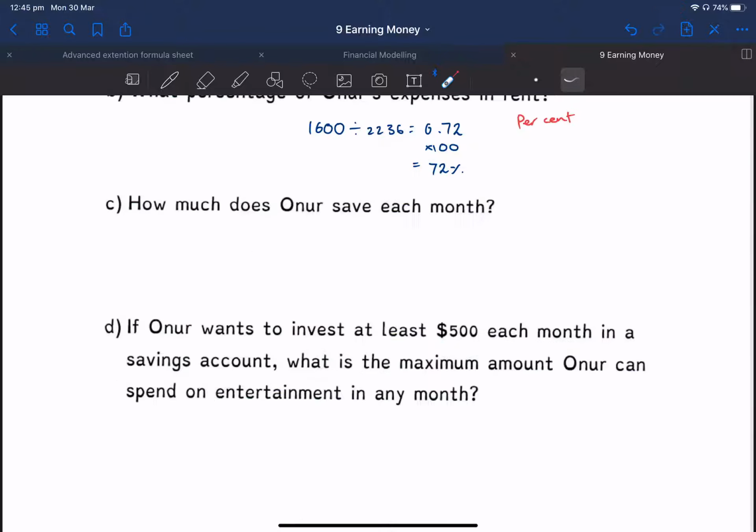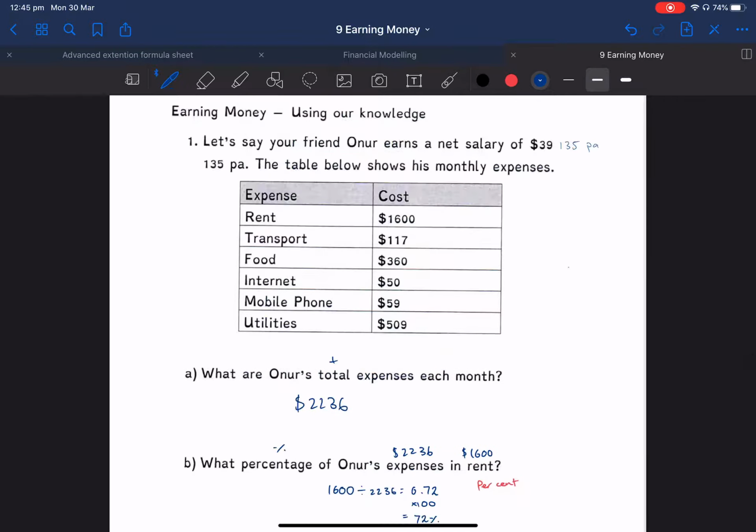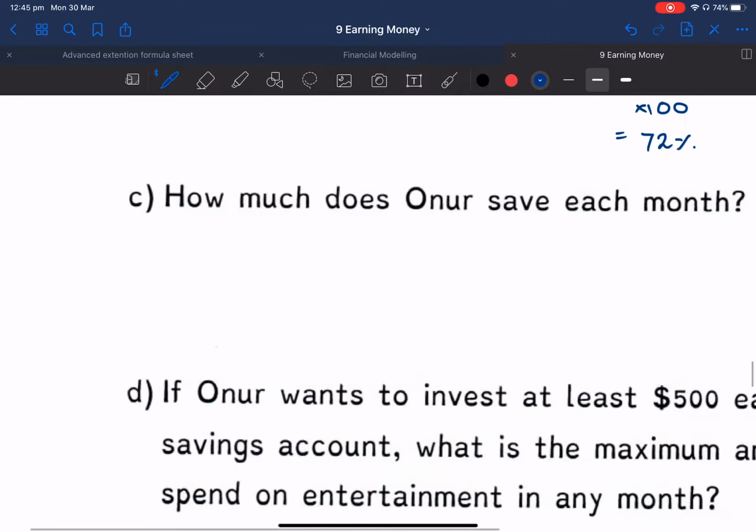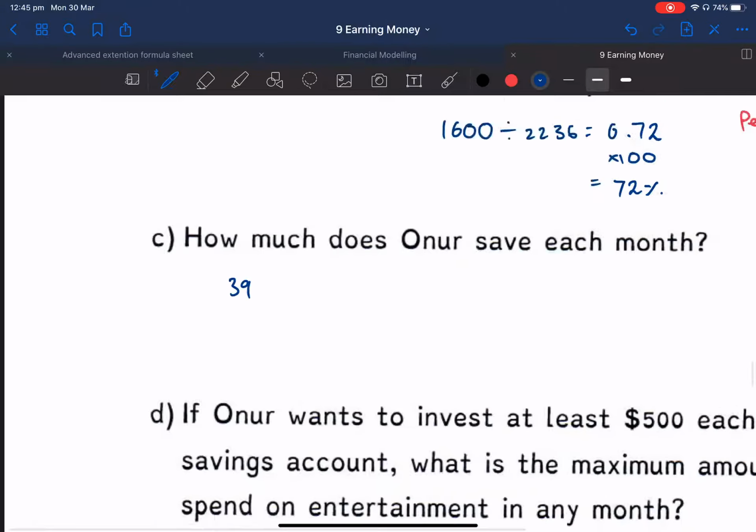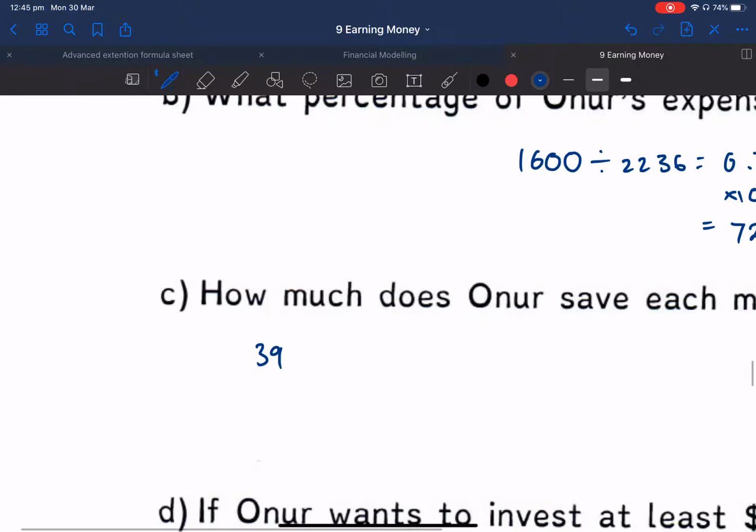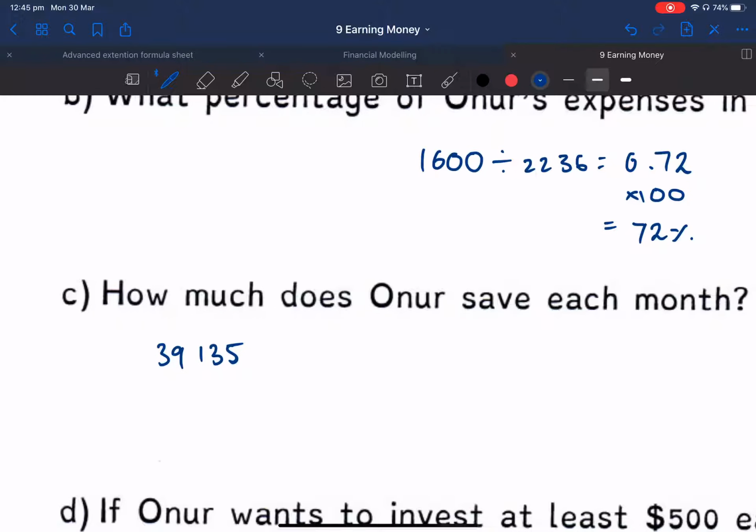Okay, so part C, how much does Onu save each month? So we know back from the start of the question that he earns $39,135 per annum, or in a year. We're talking months here, so I need to split that into his monthly income.